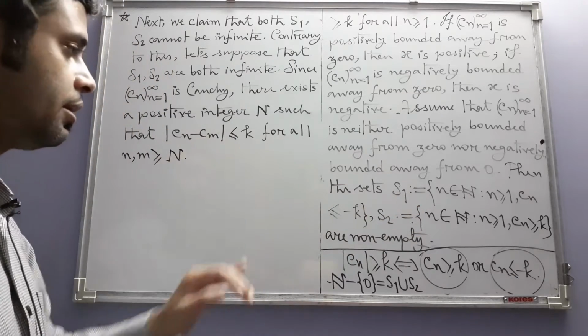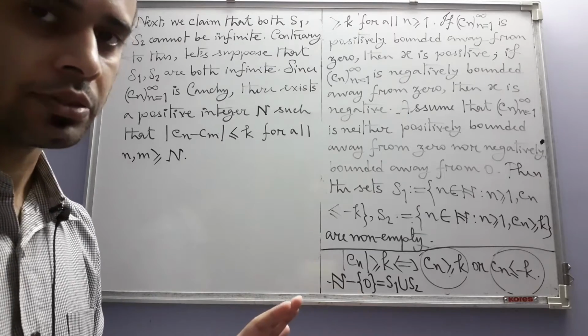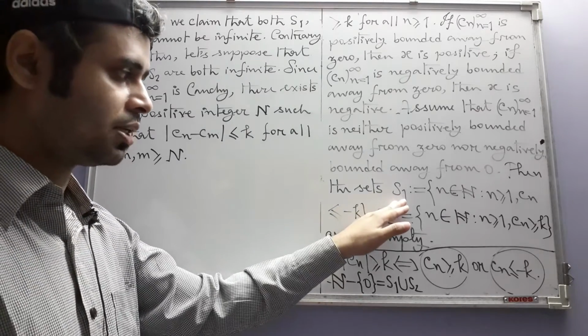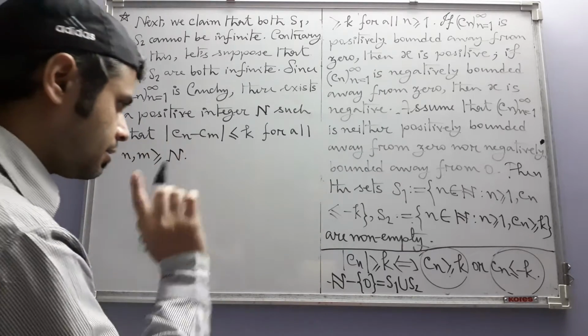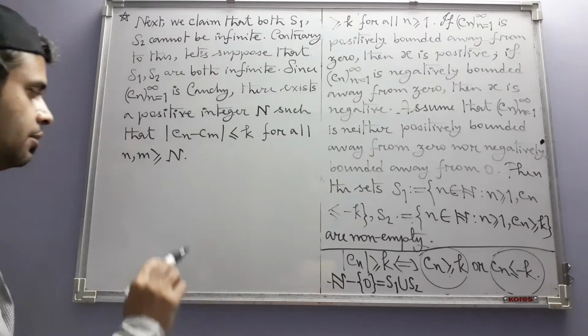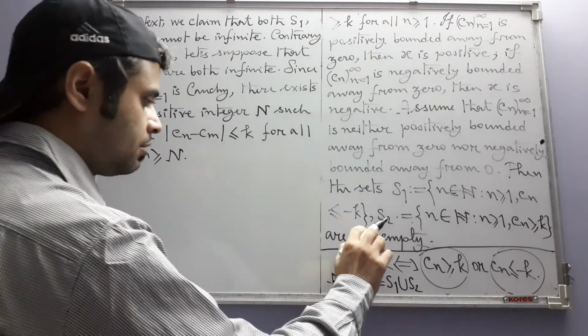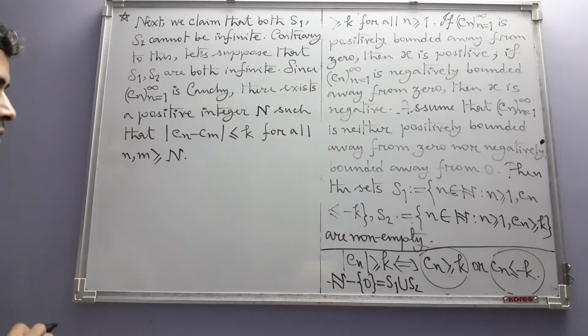So capital N cannot possibly be greater than all the elements of S1. That is coming from the infinitude of S1. And similarly, because S2 is also infinite, we can choose an element from S2 that is greater than N.